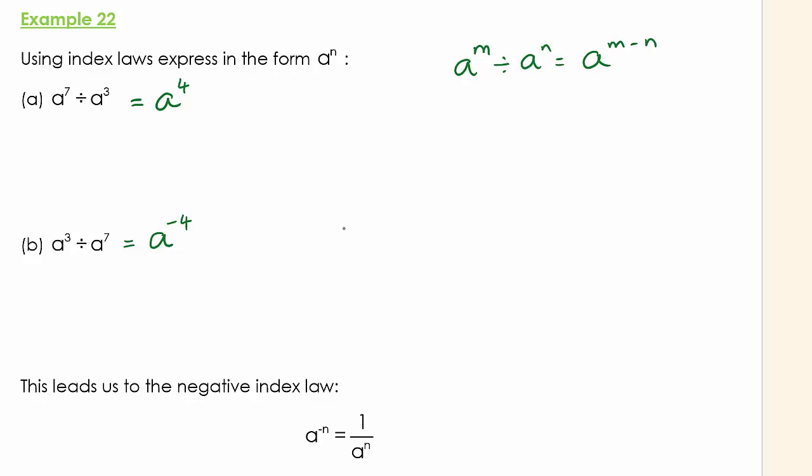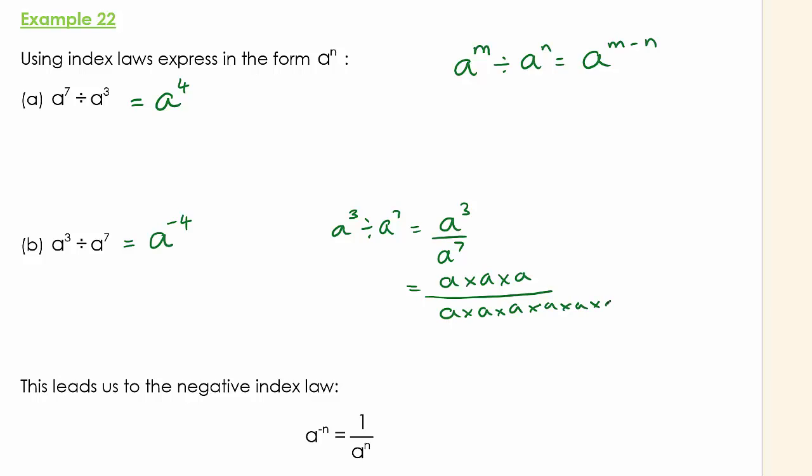But also think about the fact that a cubed divided by a to the 7 can be written as a cubed over a to the 7, which is a times a times a divided by a times a times a times a times a times a times a.